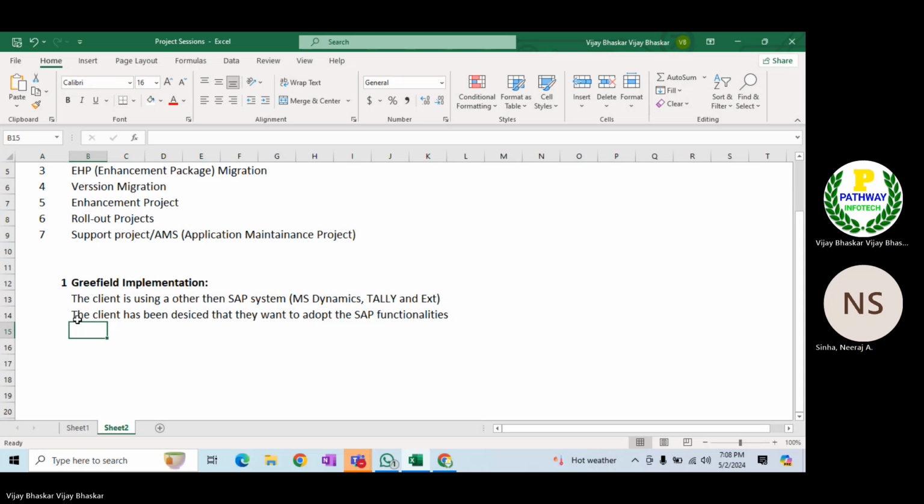It is cheaper, first thing. Second, it resolves so many queries and problems with less time. Compared to other ERP, it is much faster in resolving queries. It is also worldwide accepted.